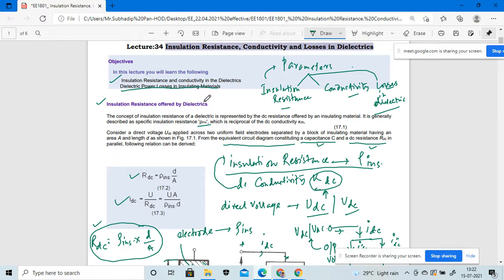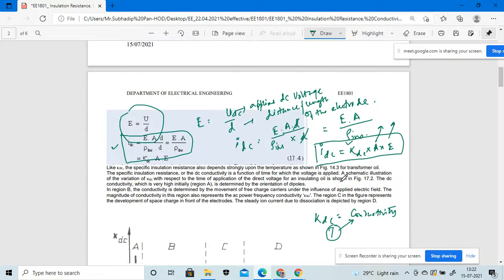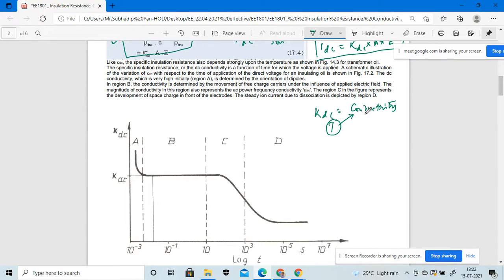A dielectric may be good or bad, and that property depends upon the conductivity of the particular medium, and that conductivity depends upon the temperature. So KDC depends upon the temperature of the particular electrodes during the operation.